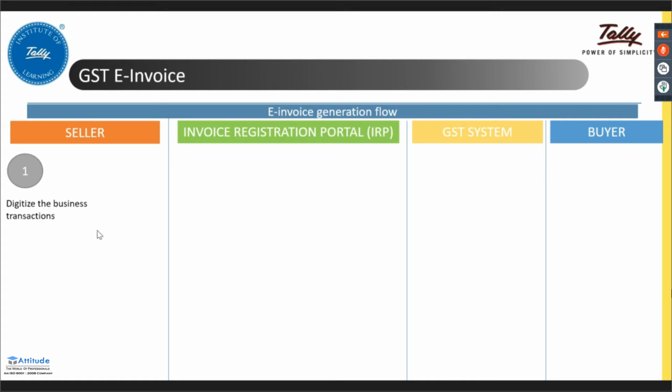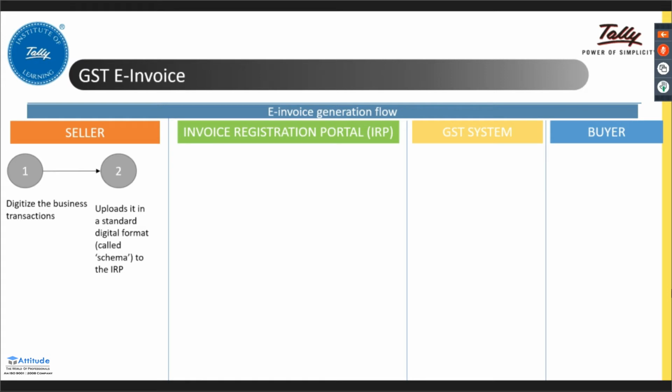Firstly, the first point is that the seller must digitize the business transactions. In order to digitize the business transactions, the seller will upload the tax invoice in a standard format to the IRP portal.